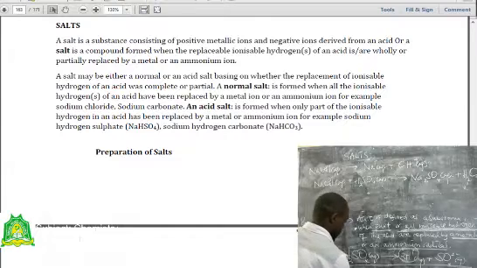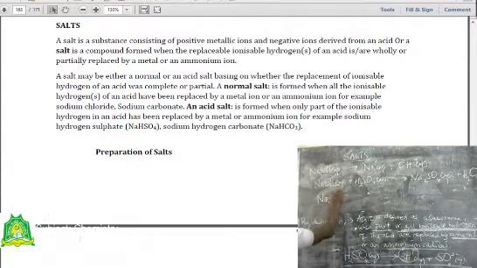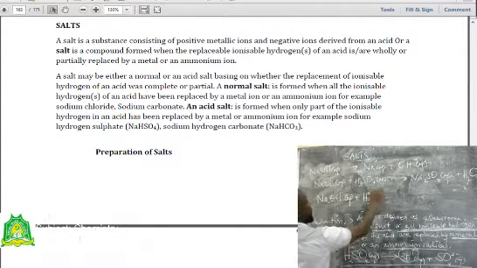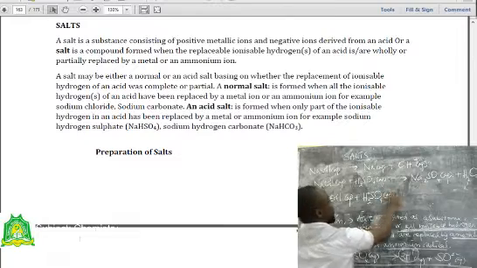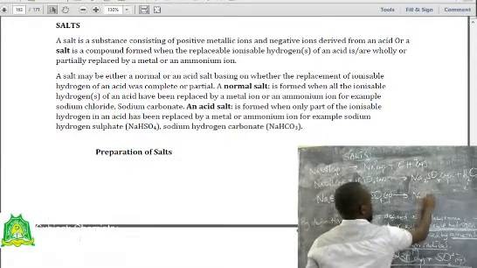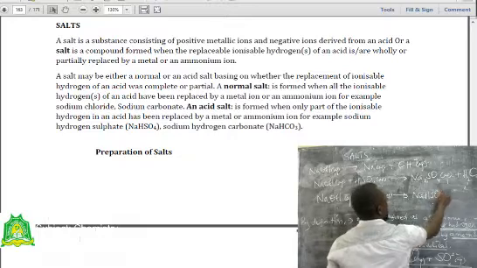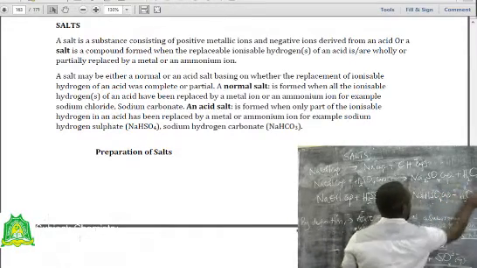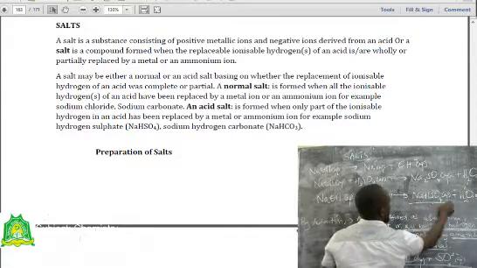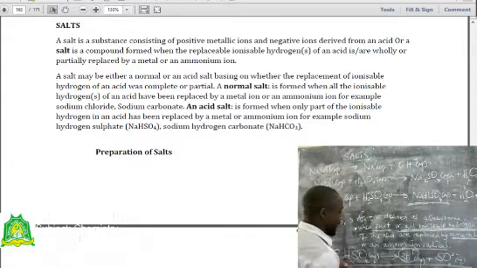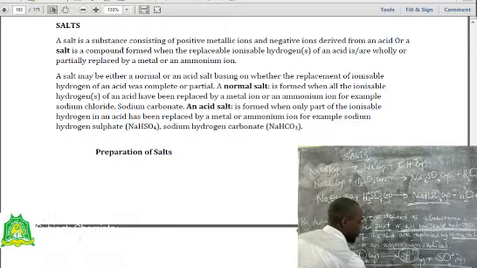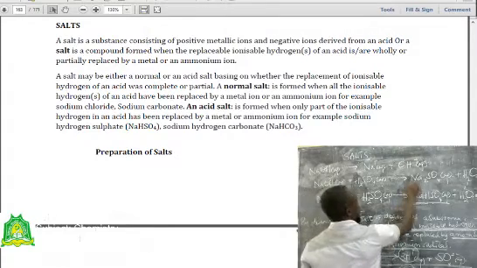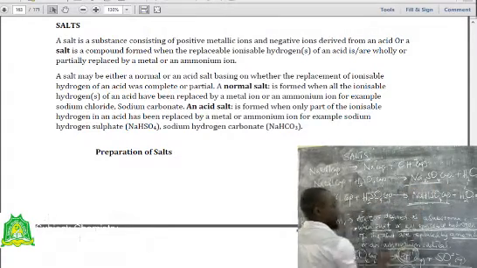Then there is also another case: sodium hydroxide plus sulfuric acid gives you sodium hydrogen sulfate plus water. In this case, it is just part of the hydrogen ions which has been replaced, but in the previous case, all have been replaced.